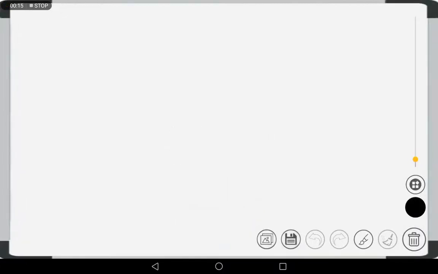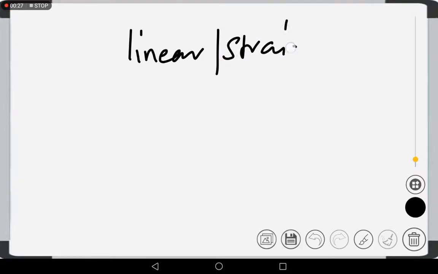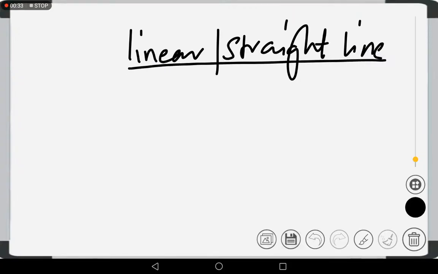Today, I just want to make a simple video about linear, or straight line. So in linear and a straight line, the first thing, we have an equation whereby I'm going to define it: y equals to mx plus c.